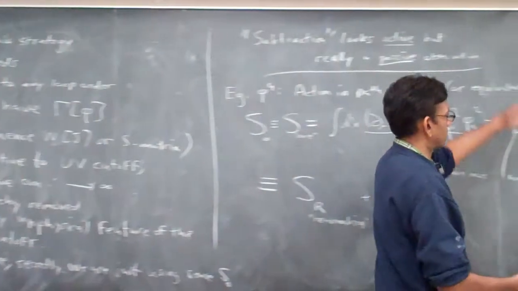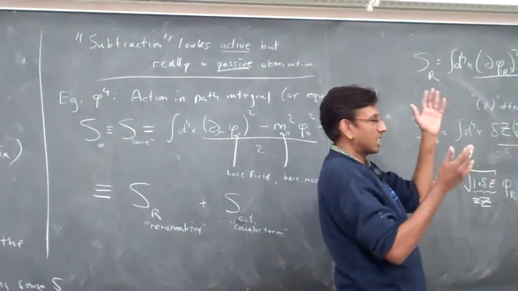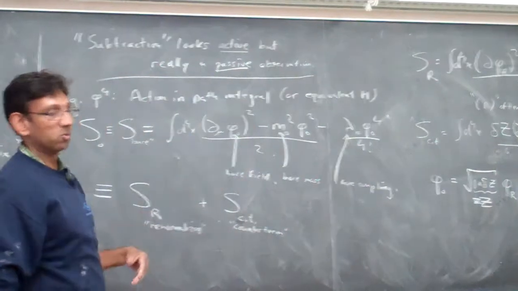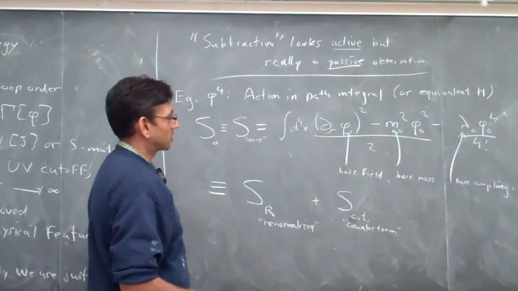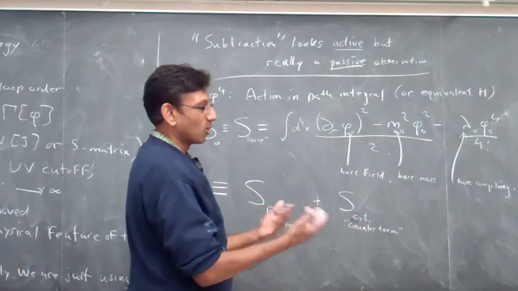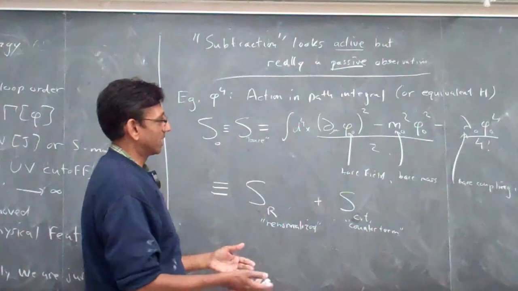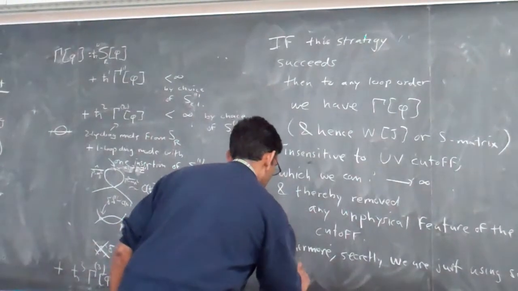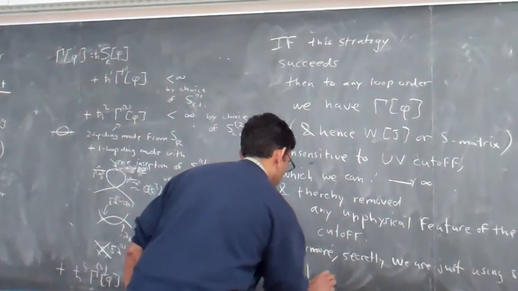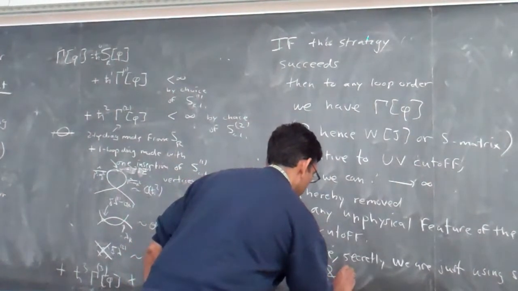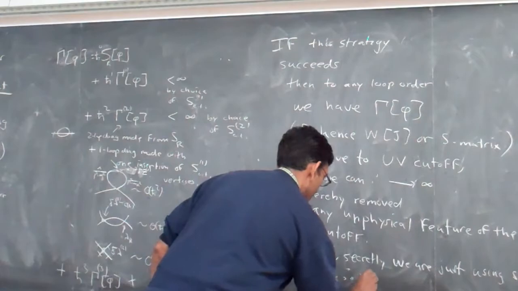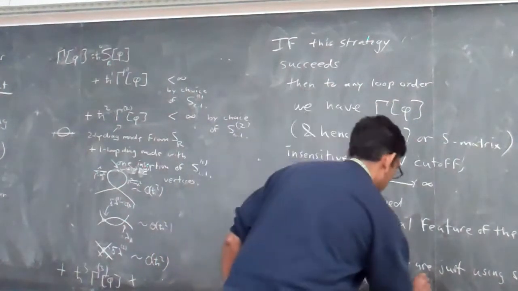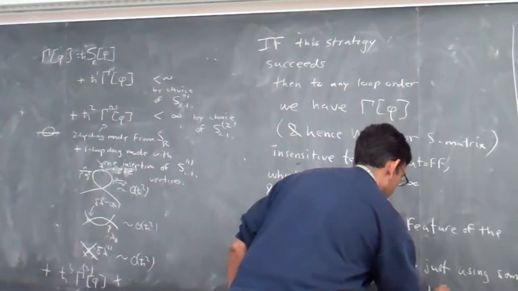Secretly, this process of splitting it up and so on, well, you can just say the sum of this and this is some particular choice of S naught, which is a local action which corresponds to some local Hamiltonian, and therefore unitary up to the cutoff.